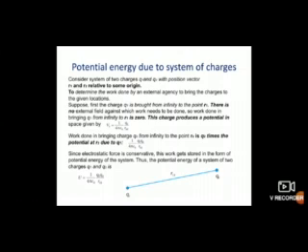Now, at some point P, at a distance R1P from Q1, if we take the potential due to Q1, then we get the expression V1 equals 1 by 4 pi epsilon naught Q1 by R1P, where R1P is the distance of the point P from Q1.